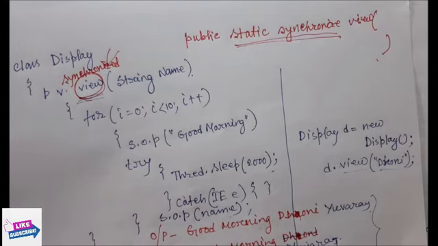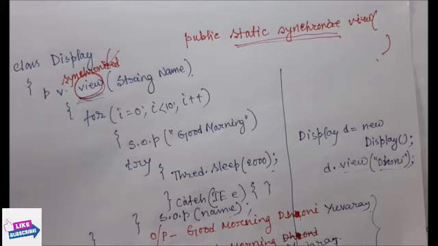Every Java class, we know, has two kinds of lock. One is called the class level lock, another is called the object level lock. Class level lock means every class in Java has a unique lock. If a thread wants to execute a static synchronized method, the thread requires the class level lock.